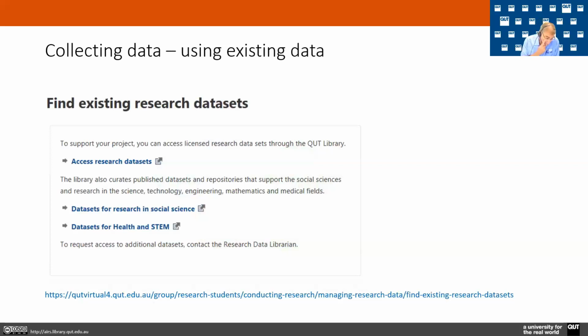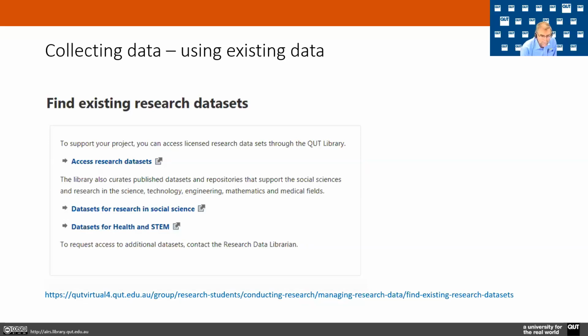Now, I talked about using other researchers' data sets as a springboard for your own. So you're beginning your research journey. So you may well be using some kind of standard research data set as a benchmark. So you'll be looking for those.